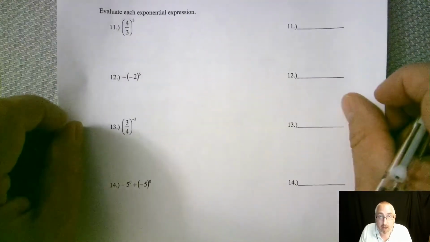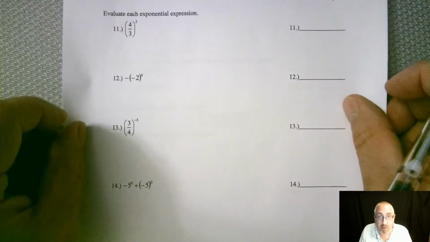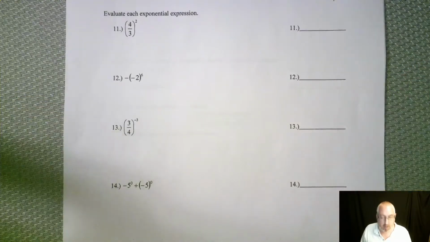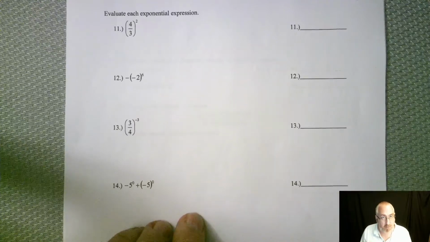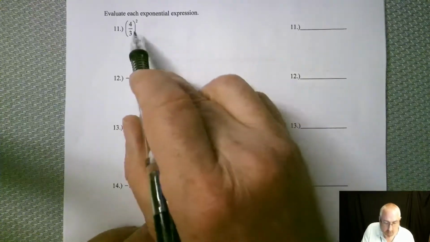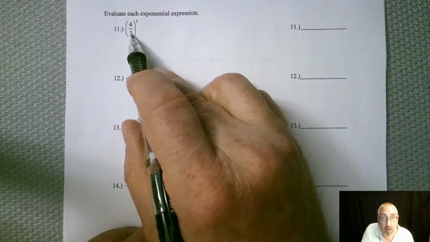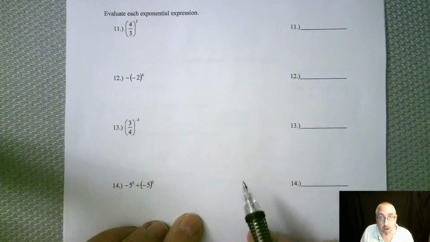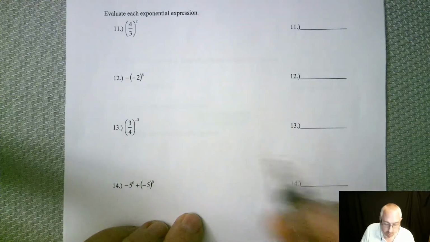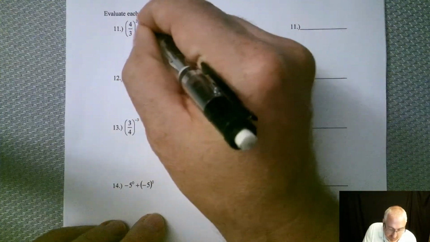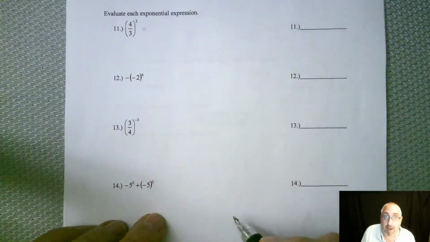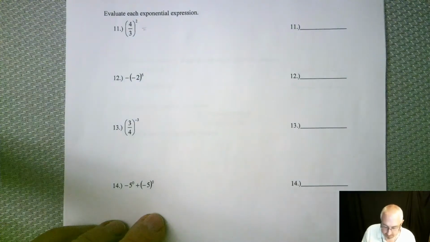So now we got some exponential stuff. Now a lot of these are going to be fairly quick, but be careful. It's easy to make mistakes too. So we got 4 over 3, and we got the whole quantity squared. So now remember, you can apply the power rule to this and basically distribute that exponent onto both the top and the bottom.